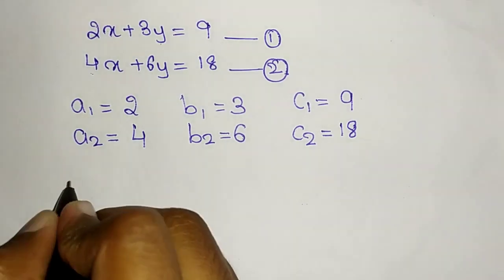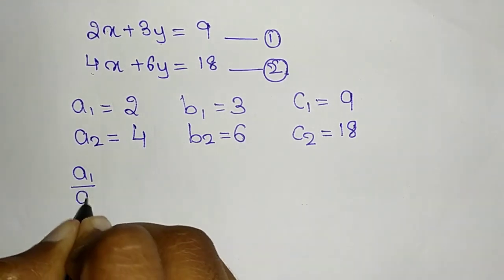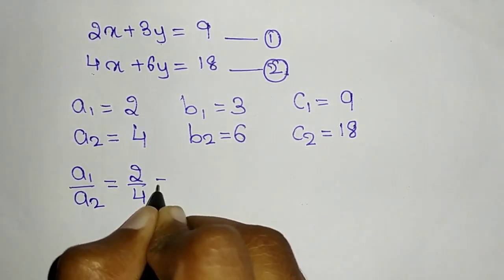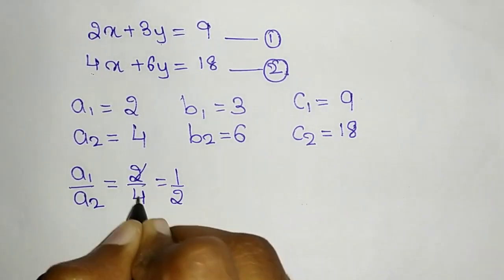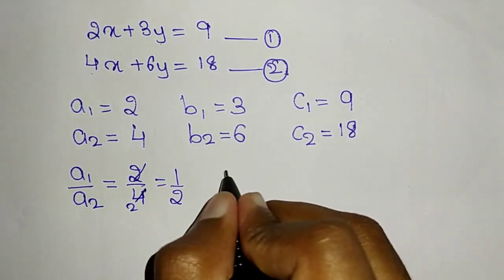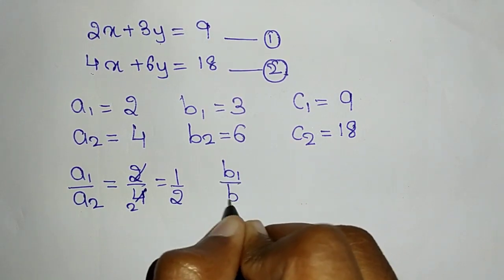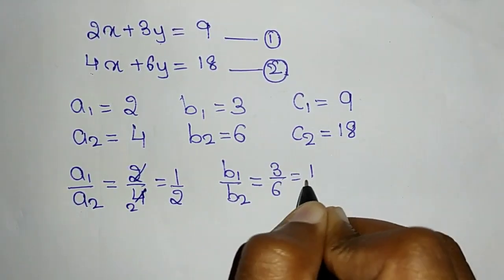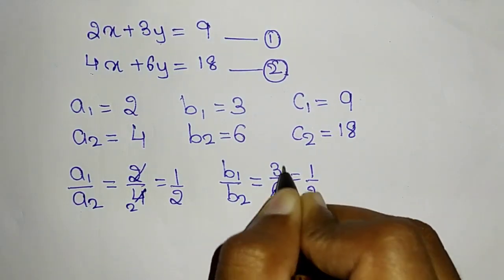First let us find a1 by a2 which is equal to 2 by 4 which is equal to 1 by 2. Similarly, b1 by b2 is equal to 3 by 6 which is equal to once again 1 by 2.